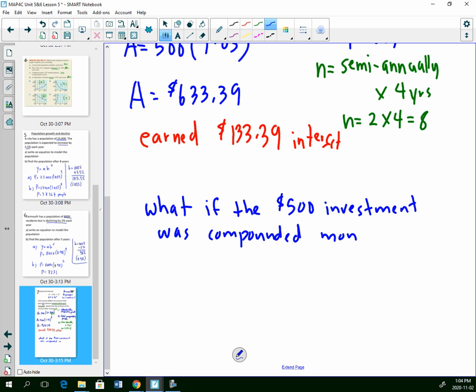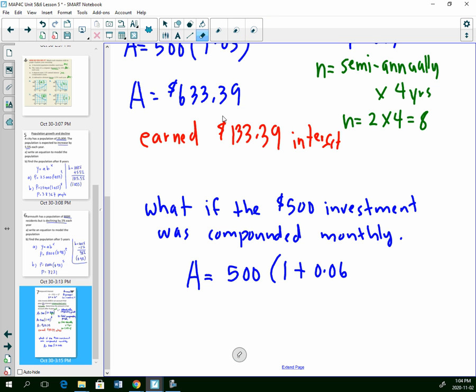How does that change the equation and the answer? So we still got A, we still start with $500. 1 plus the interest rate is still 6%, but it is going to be compounded monthly, so it will be divided by 12 instead of 2. And the total number of compounding periods will be monthly, so 12 times a year for 4 years.